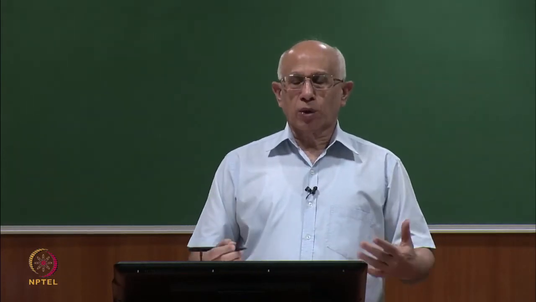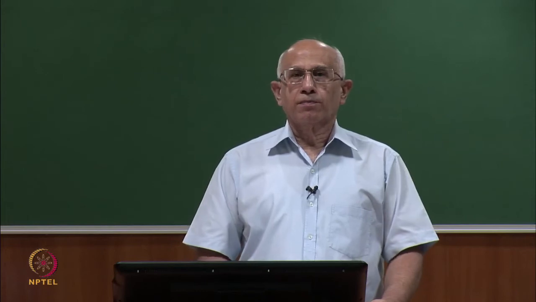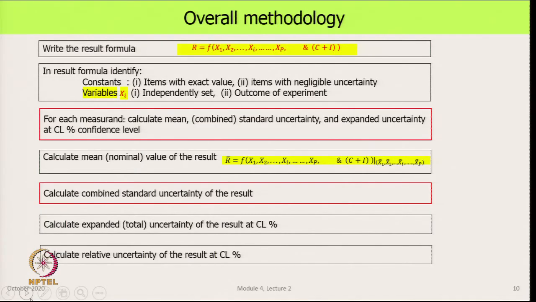Now, what is the overall methodology for getting the uncertainty in the result? If we are doing the post test uncertainty analysis, this is what we do. We write the result formula, identify which are the constants, which are those with negligible uncertainty, identify the independent and dependent variables.